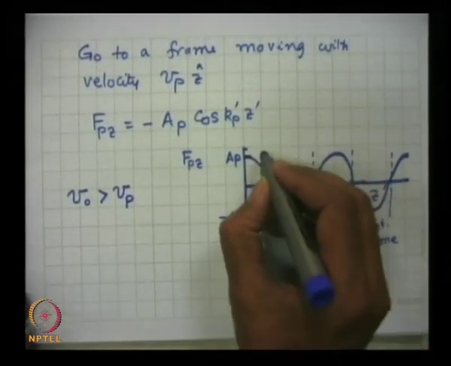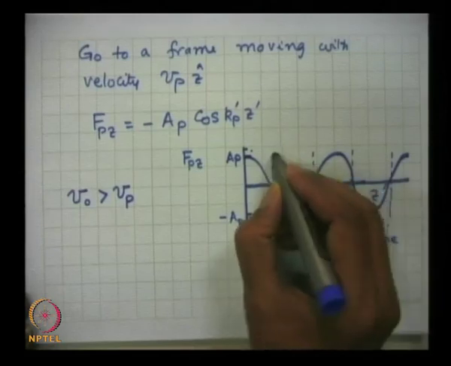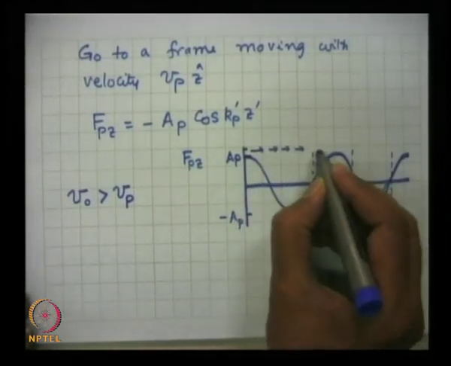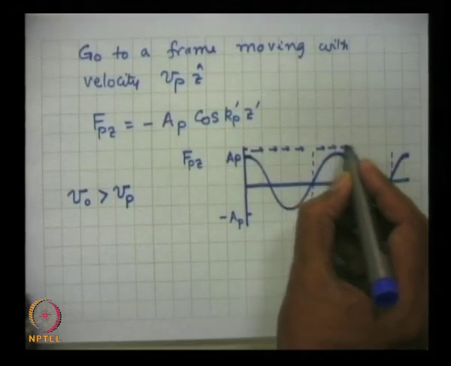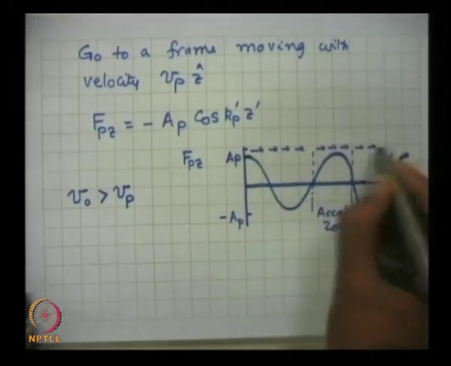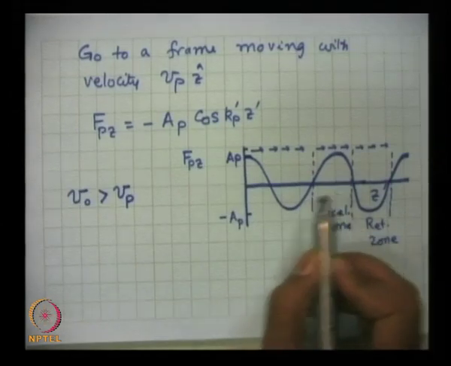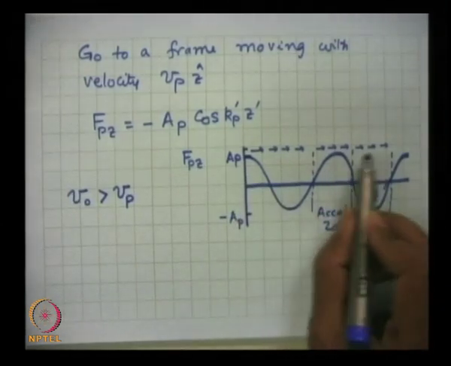So, the electrons are moving in this direction with some finite positive velocities.